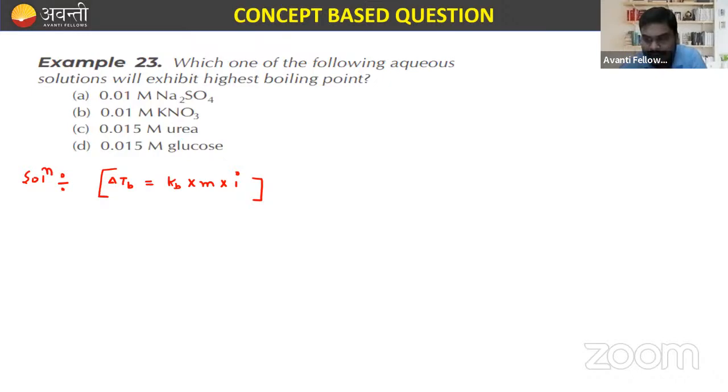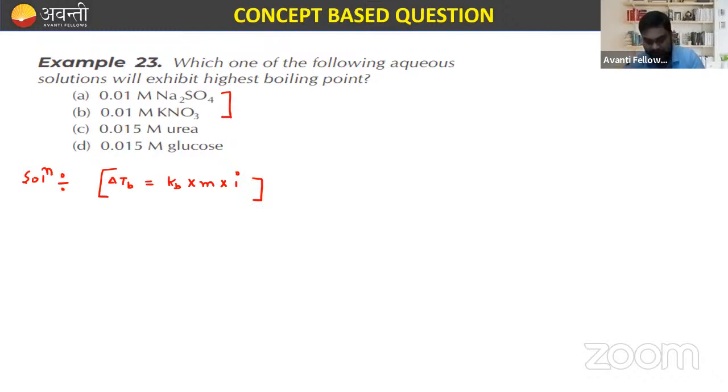Now you have to identify in this question which of the following will show the highest boiling point. If I'm talking about the first one, Na2SO4, and KNO3, how will you identify?